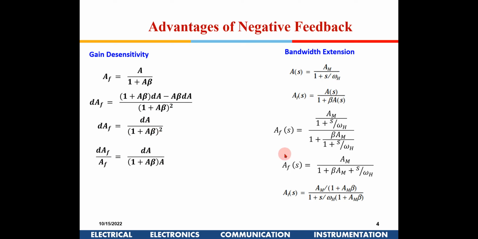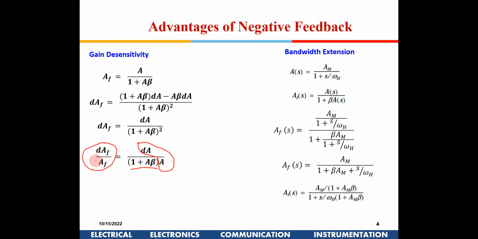Okay, so now if you see here, this is the relative change of forward gain with feedback, dAF by AF. This is dA by A, now divided by 1 plus A beta.